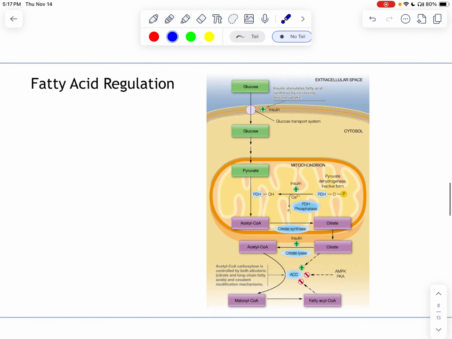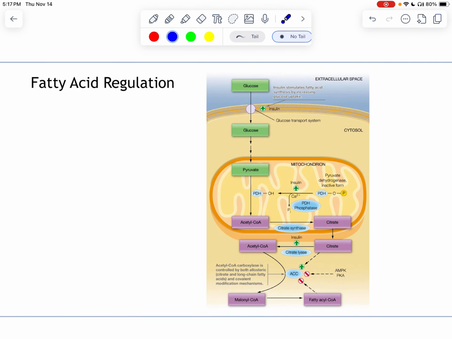All right, so let's just review. We have glucose going down to pyruvate. We made our acetyl-CoA, and now our citrate's been building up, so it gets ported out into the cytosol. So here was our mitochondria. That citrate gets broken apart into the acetyl-CoA plus the oxaloacetate, right?